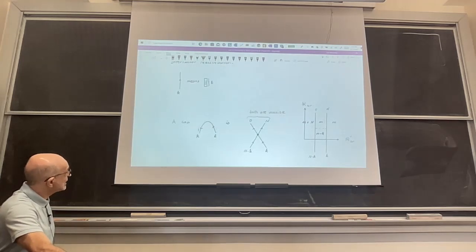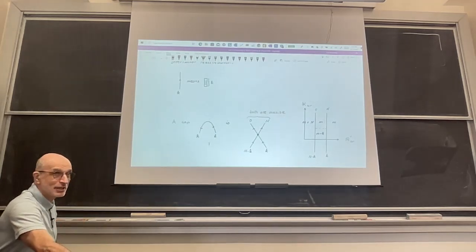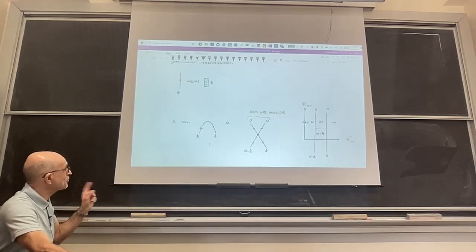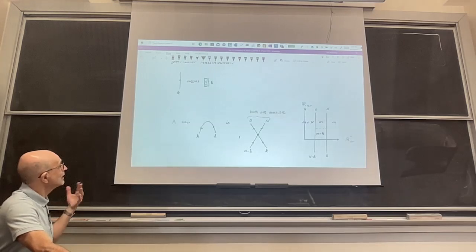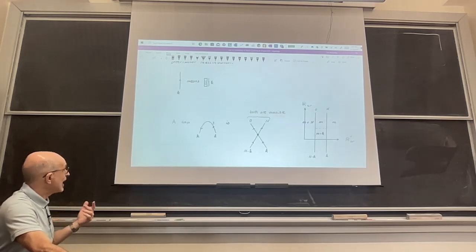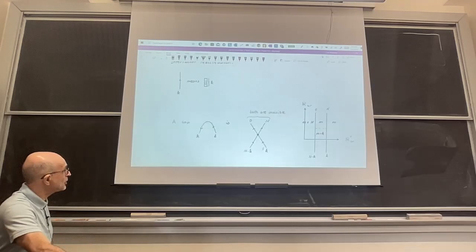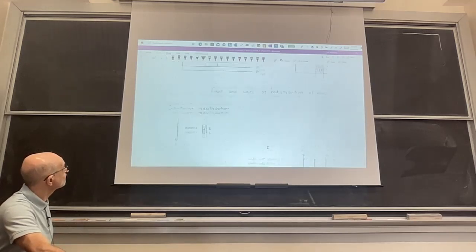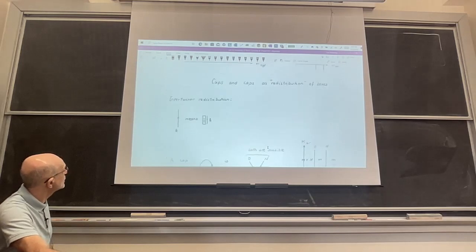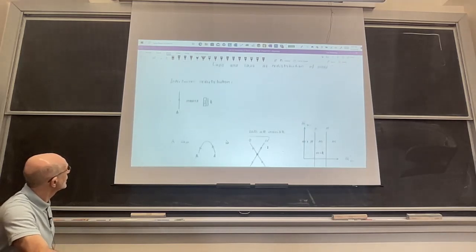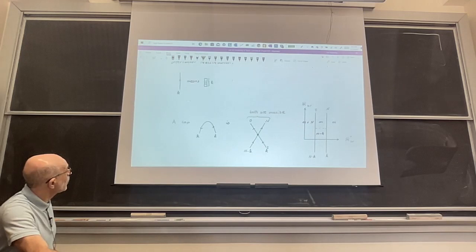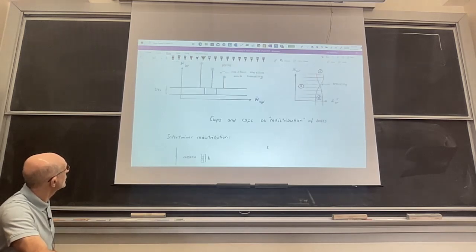So in topology, in addition to braid, you have caps and cups. And the nature of caps and cups is a little bit involved. The actual cap that happens here is that you have a... wait a minute. Just a moment.